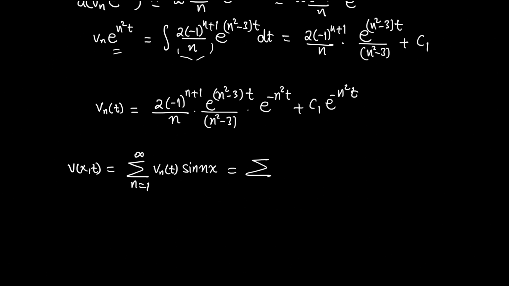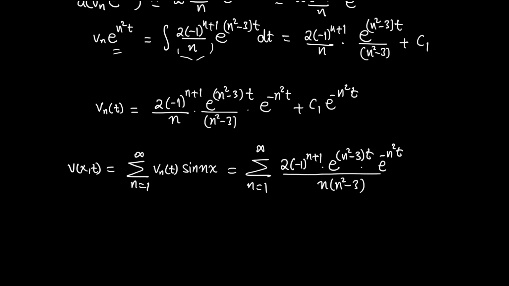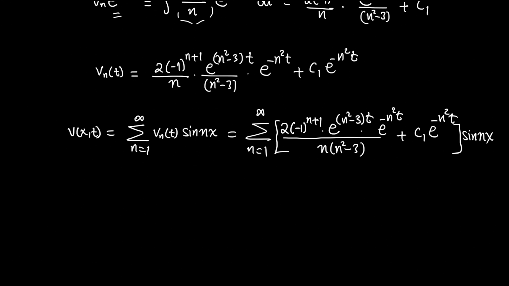Then I have 2 times (minus 1 to the n plus 1), e to the power (n squared minus 3)t times e to the minus n squared t, divided by n squared minus 3, plus c1 e to the minus n squared t, sine of nx. Like that. Then from here, we can actually see that e to the power n squared t and e to the power minus n squared t are going to cancel.